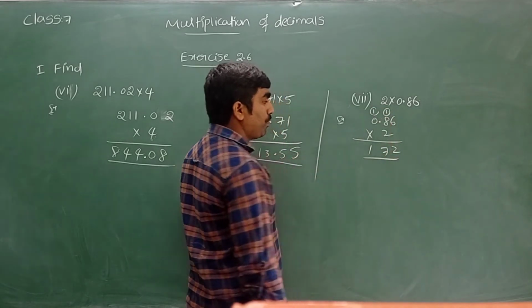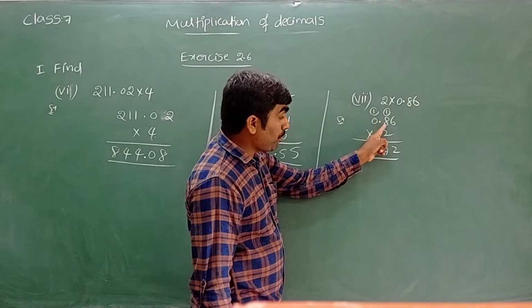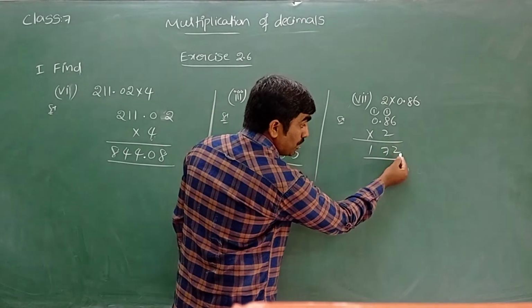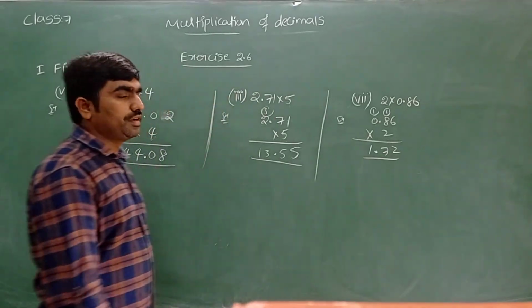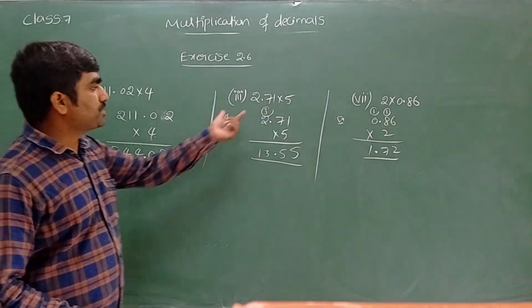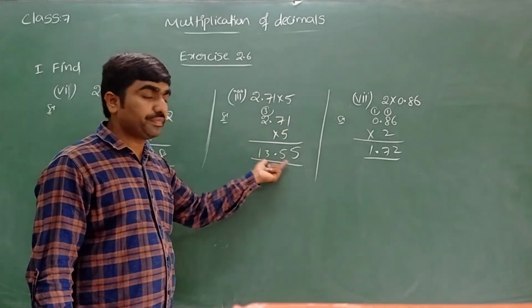Yes. Now point after I can see 2 digits. Here there is no point. So finally I can see point after 2 digits. In the product also from back onwards 2 digits before you keep the decimal point. Yes, that is the way you can find the multiplication of decimal and whole number. Multiply them just like whole numbers.